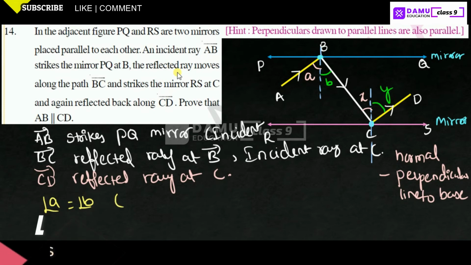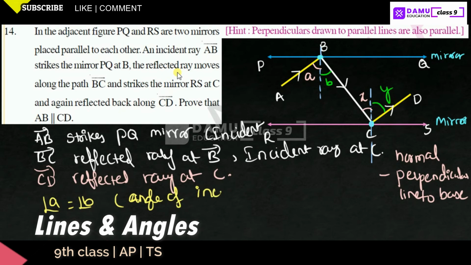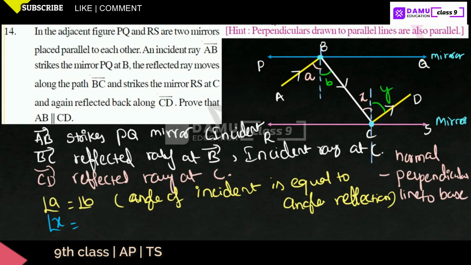So write, according to the law of reflection, the angle of incidence is equal to the angle of reflection. So angle A will be equal to angle B. Then one more condition you can write: here also angle X will be equal to angle Y, since the angle of reflection is equal to the angle of incidence.